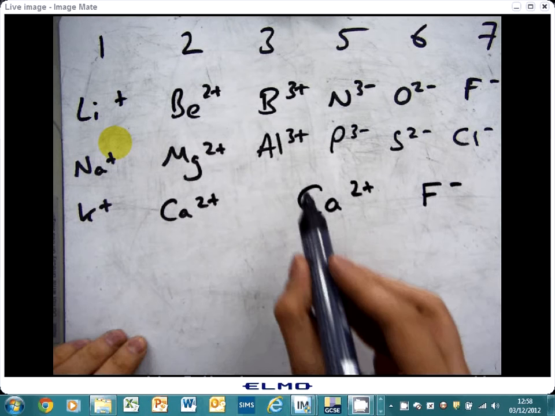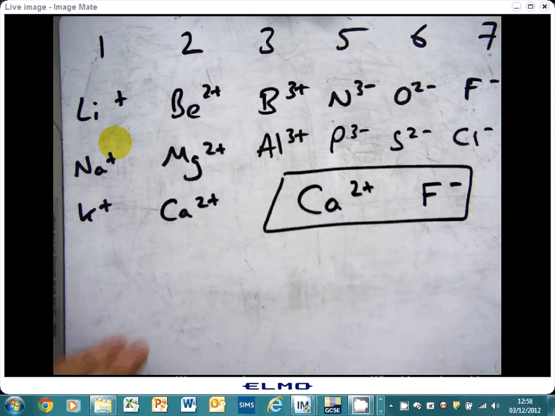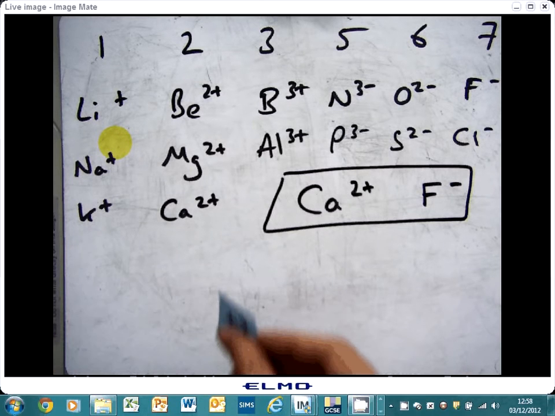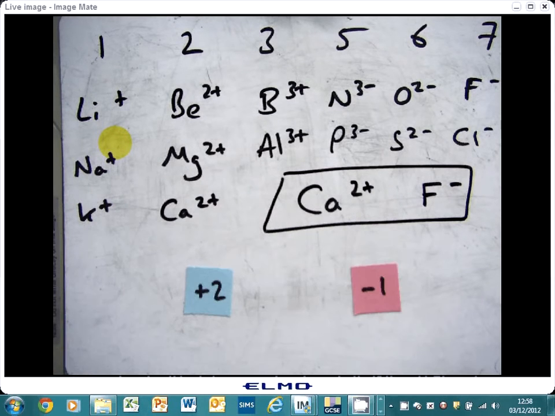It gets a bit trickier if you have something such as Ca2+ and F-. So if we have a look here, we've got plus 2 and minus 1. So those charges are not balanced. We need to have two negatives on the right hand side. So to do that, you add another negative ion.